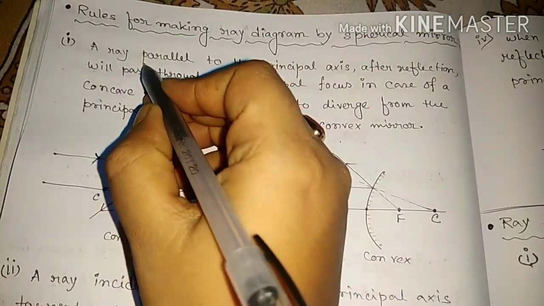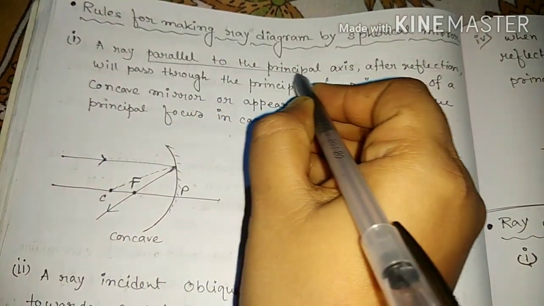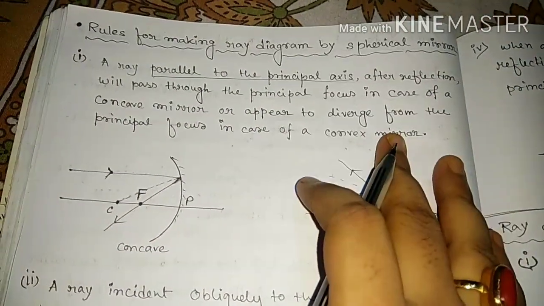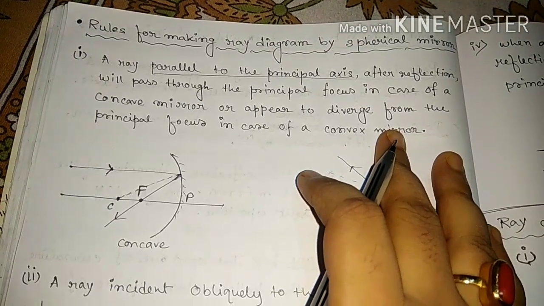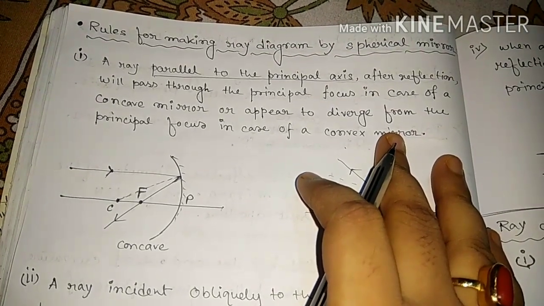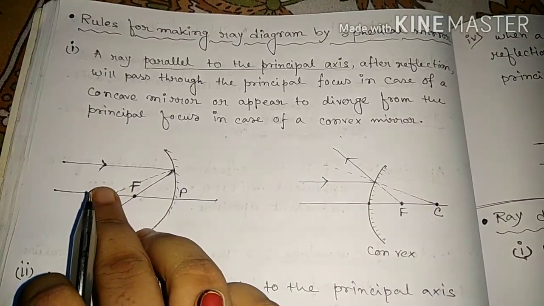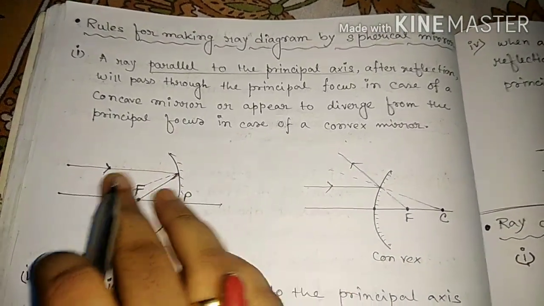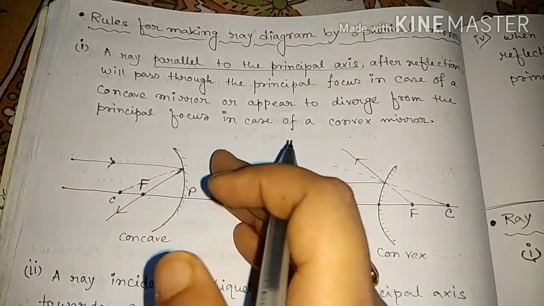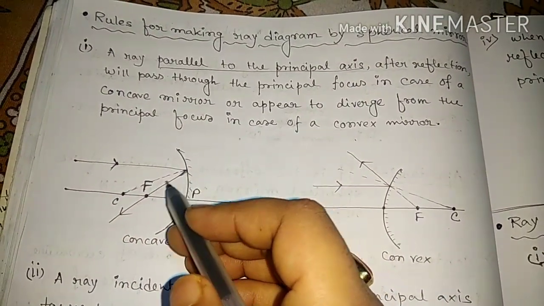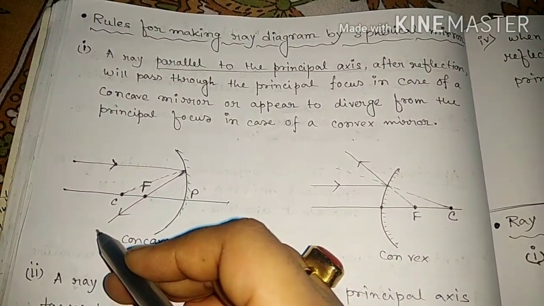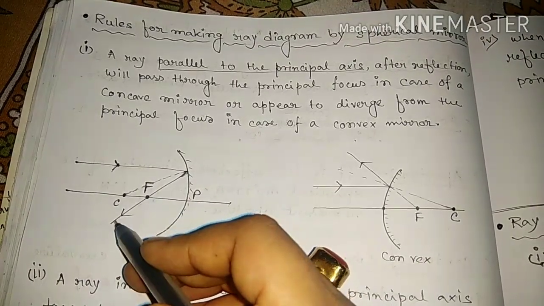So a ray parallel to the principal axis, after reflection, passes through the principal focus.